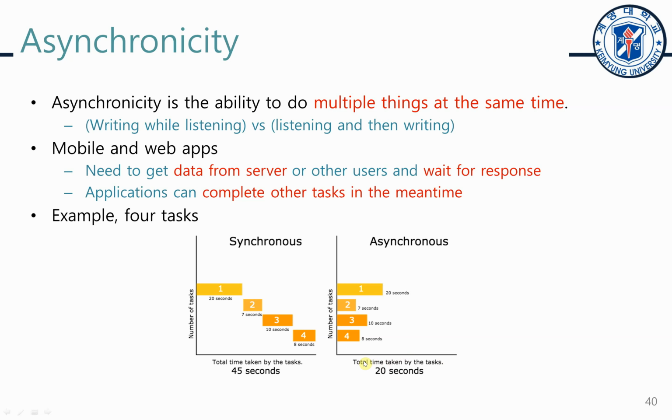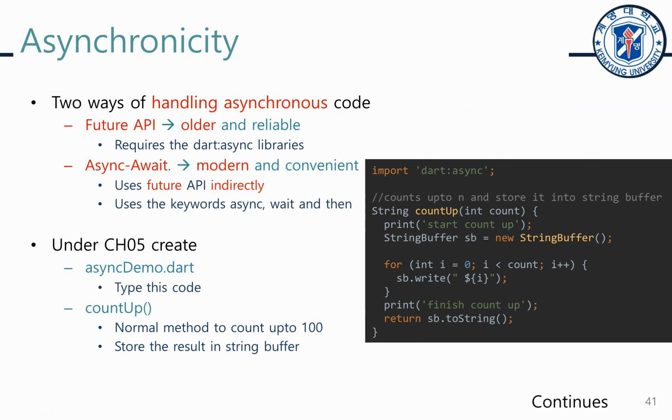There are two ways to do asynchronicity. The first way is to use the Future API, which requires Dart async libraries, or you can use async and await, to run something asynchronously and wait for the result.